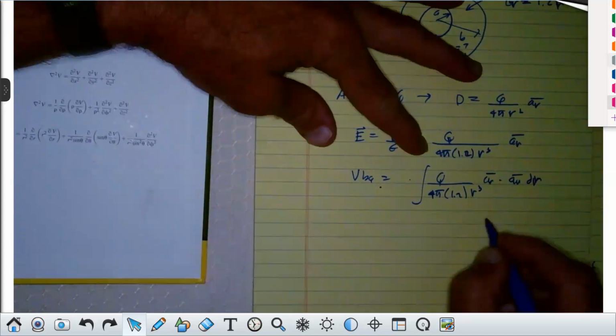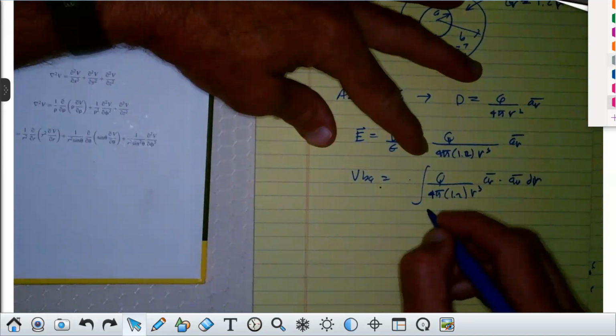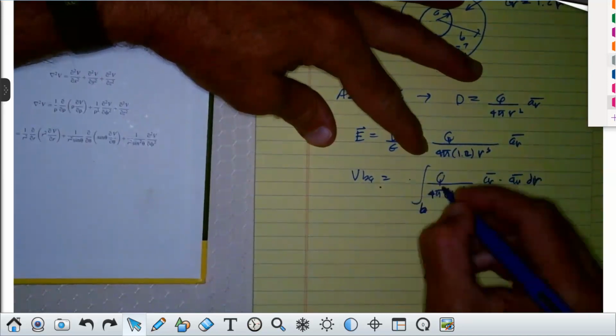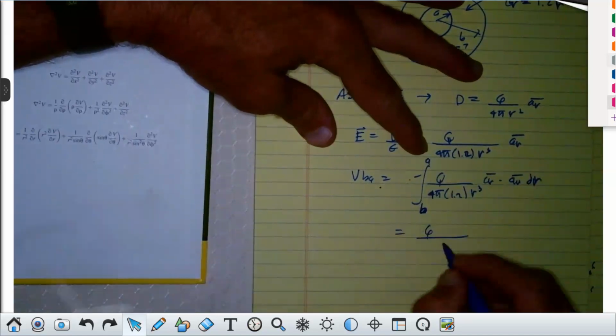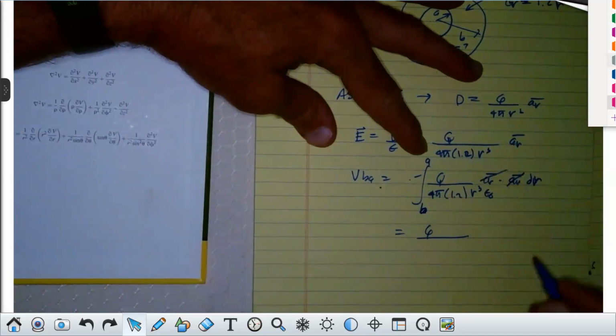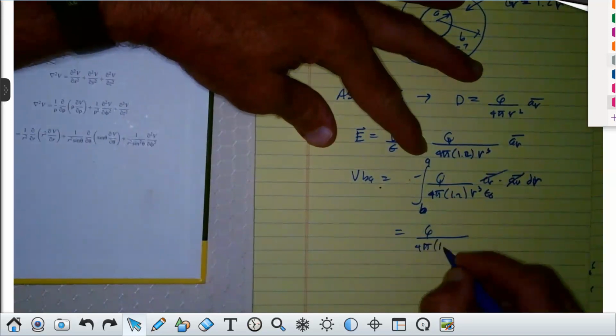And I'm going to go from B to A with a minus sign. And when I do that, now I get Q over, and there's an epsilon naught I forgot there. Should be an epsilon naught there. The a_R's dot away, and now I have 4 pi times 1.2.